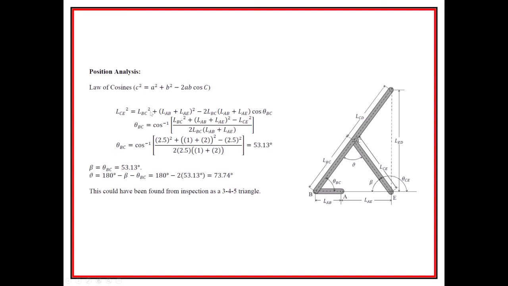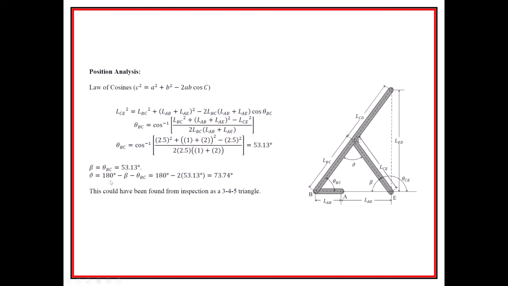Because we know all the lengths in this condition, we're able to find this theta, which I'm calling theta BC right here. I find that it's 53.13. Hey, it turns out that's a right triangle, probably a 3, 4, 5 triangle. I recognize those angles.